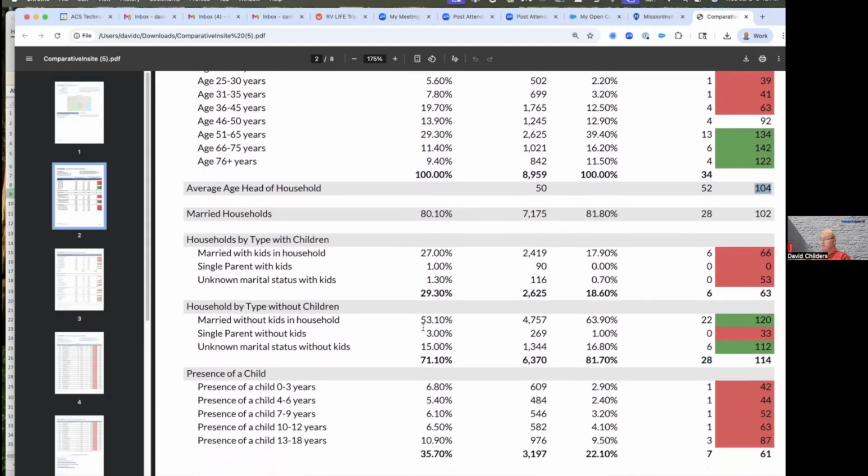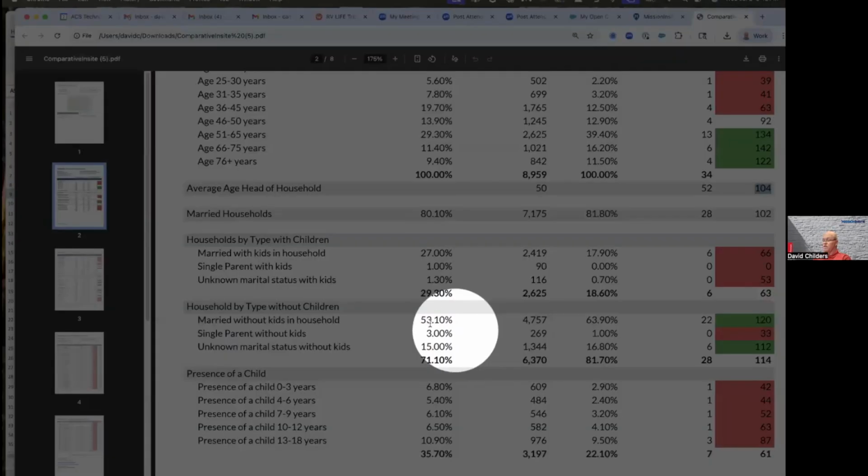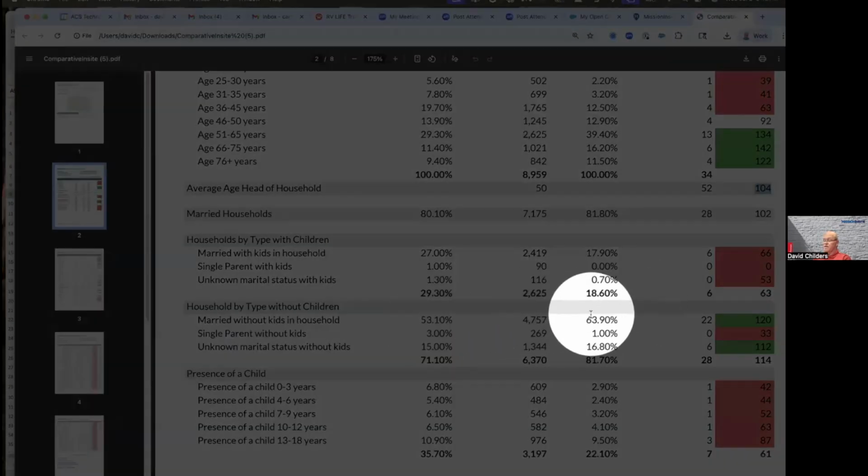But when I come down, how about families without kids in the household? Well, 53% of these households don't have kids. 63% of the congregants in this area don't have kids. So we've got a high likelihood of reaching these folks because they're like us.